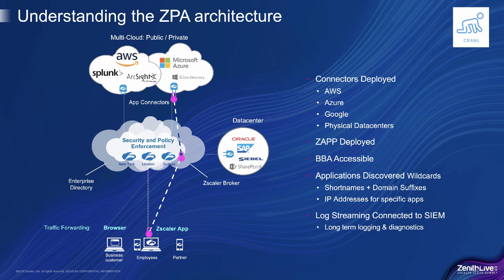And then, there might be a situation where an application is only accessible from the physical data center. And you need to make sure that that application that is only accessible from the physical data center is not advertised from AWS or Azure, because if you're using the wildcard discovery, all connectors could be part of that wildcard discovery.